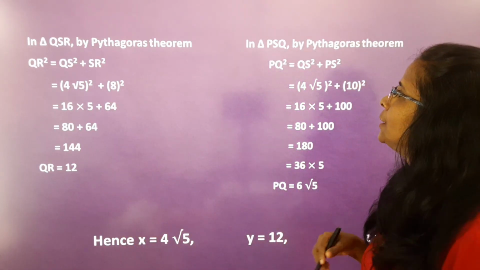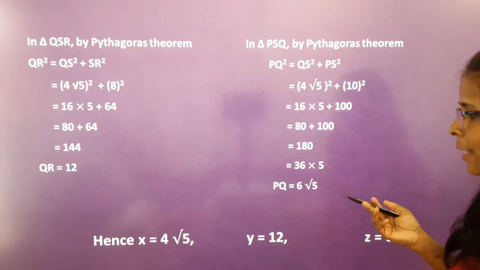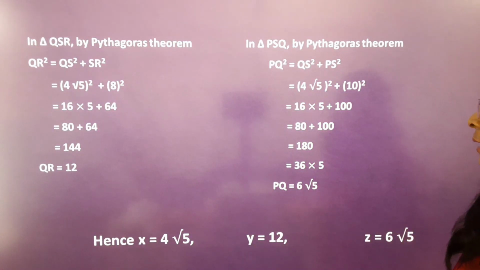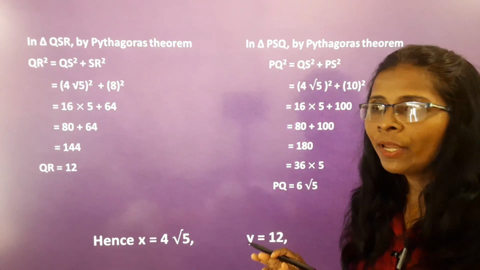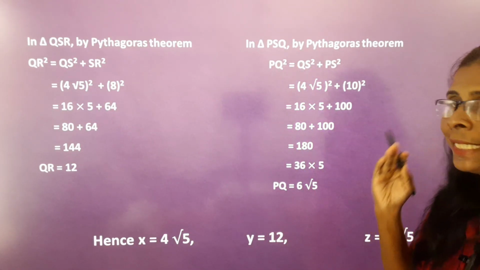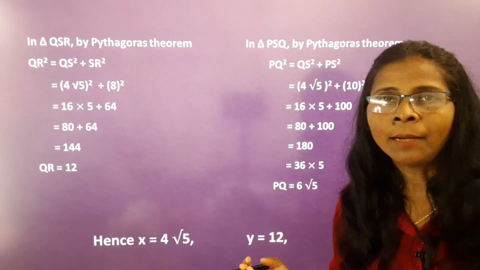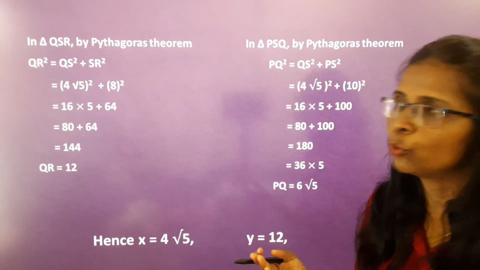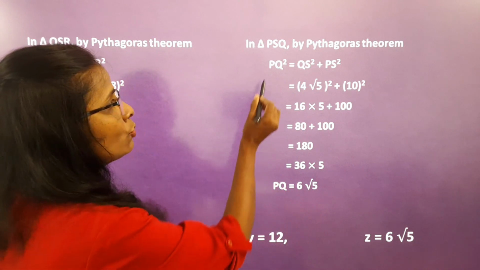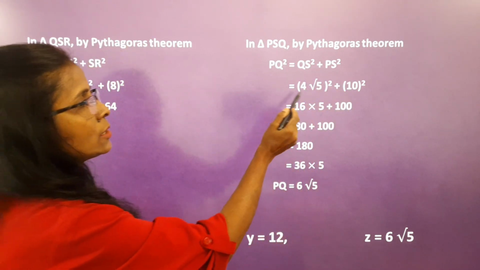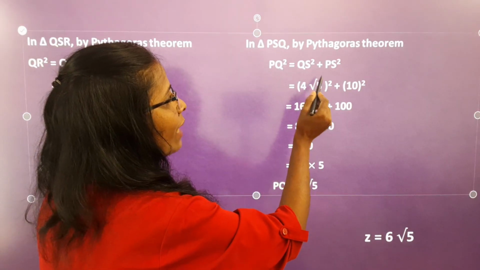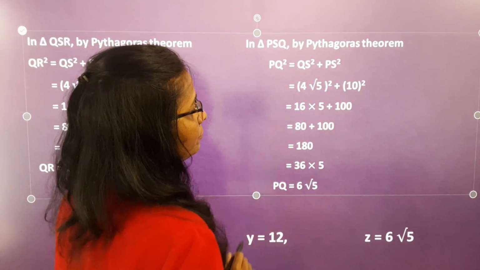Now the next one, to find the value of Z, that is PQ. So we choose the triangle PSQ here. PSQ is a right angle triangle, so we can apply the Pythagoras theorem here, students. PQ square is equal to QS square plus PS square. That means square of 4 root 5 plus square of 10.